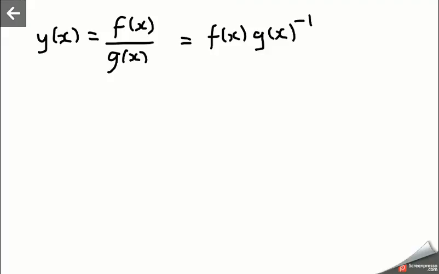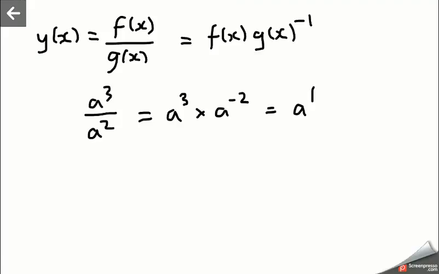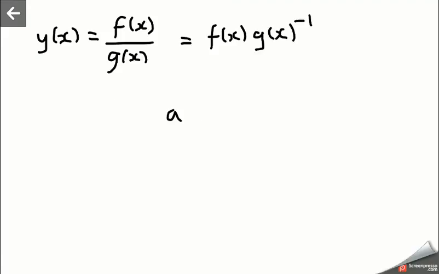If you've got a to the power of 3 times a to the -2, that's equal to a to the power of 1, which means we've divided away 2 of the a's. So, to the power of -1 means you're dividing by g of x. That's all good. Now we're just going to use the chain rule.